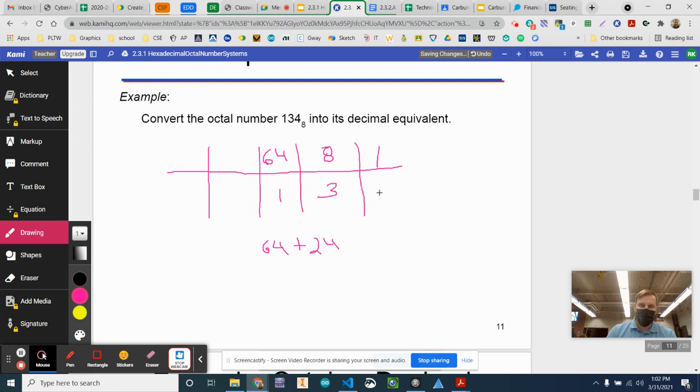There's 3 of these. And then there's 4 1s, so we add another 4. And what's our total? 8, 88, 92. 92, and that's in base 10.